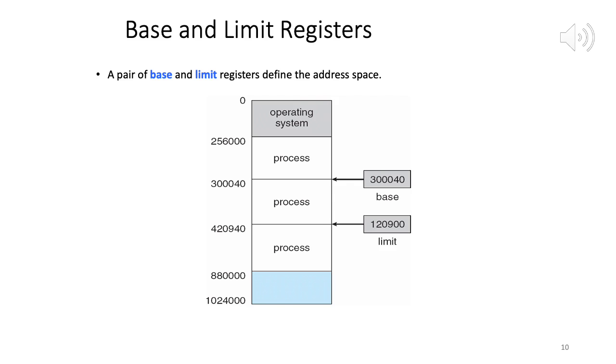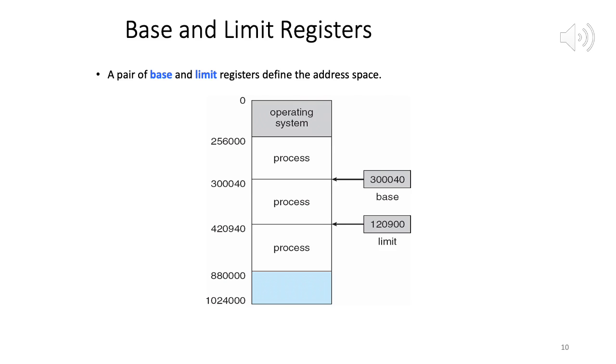So for each process we have a base register, and for this process the value is 30040, which means the address space starts from this memory address. The limit register is 120900. As usual, we add this to the base register and we get the last memory address. So 30040 plus 120900 is 420940. So now we have the address space of this process.